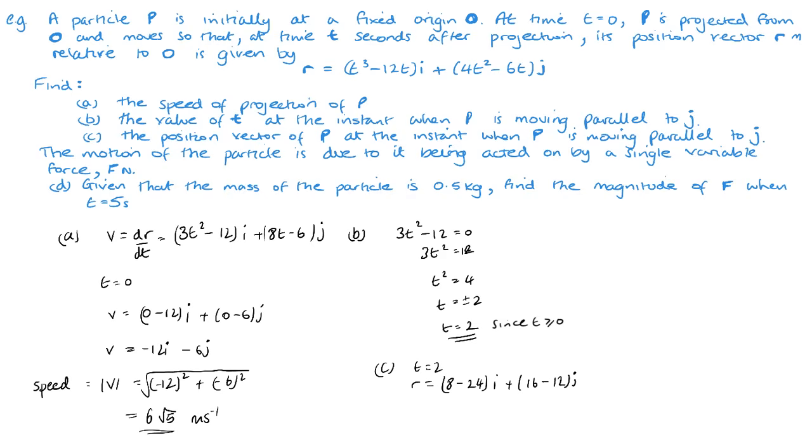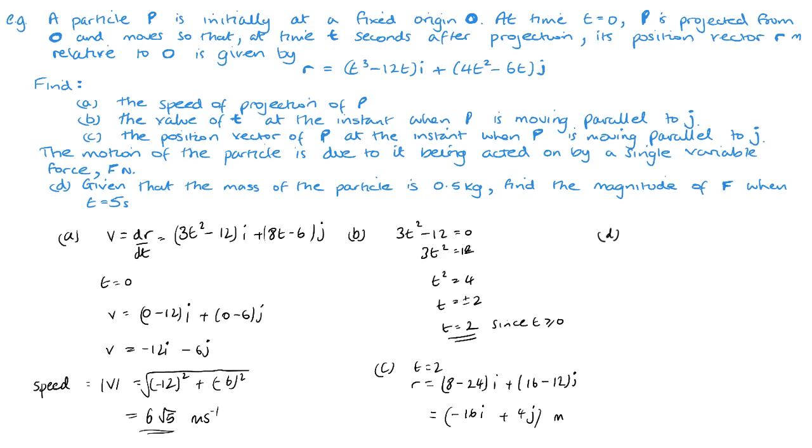So just substituting 2 into my r formula. So 8 minus 24 is negative 16i, and then 16 minus 12 is 4j. So it's negative 16i plus 4j. So that's the position vector. And you could say that's in meters if you so wished.